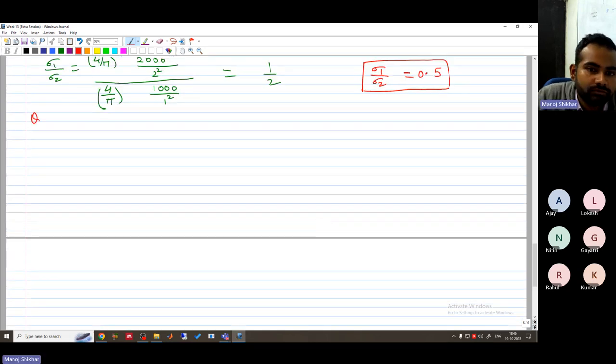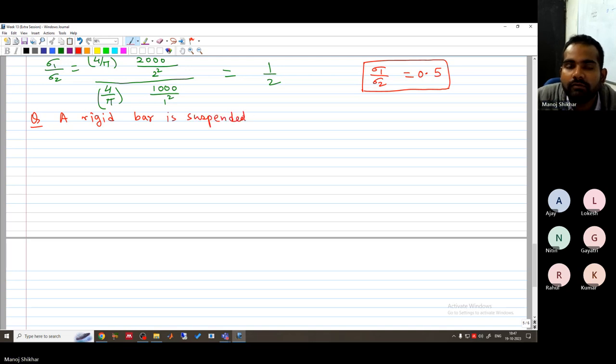Now another question. A rigid bar is suspended by a spring as shown in the figures.